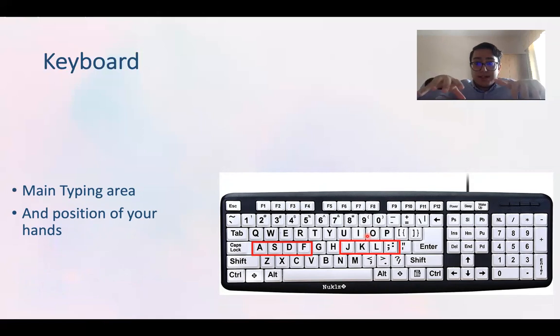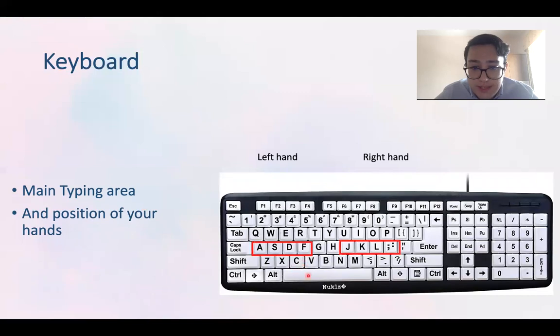And when I put it on the keyboard, that's the main area of the keyboard. So this is the main area, two parts: the left side, which is A, S, D, F, and the right side, which is this area, J, K, L, and the sign at the end.